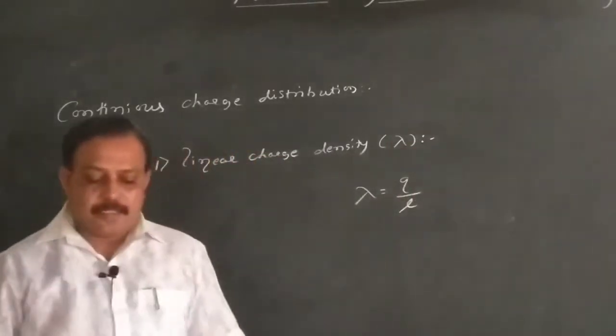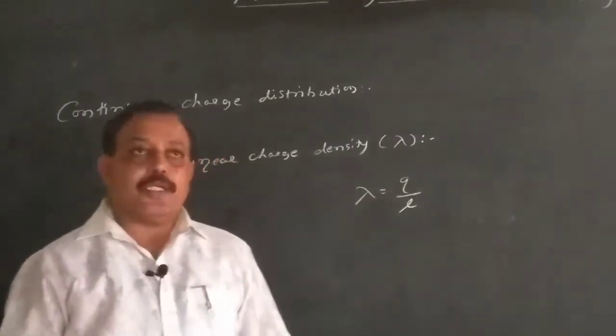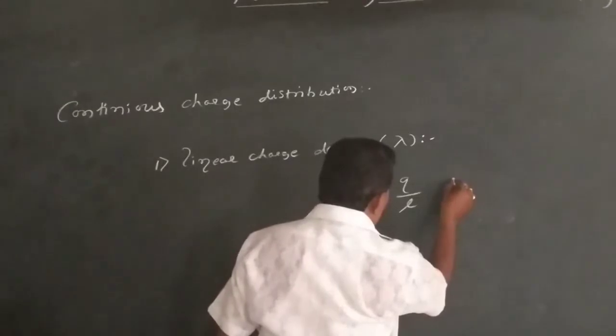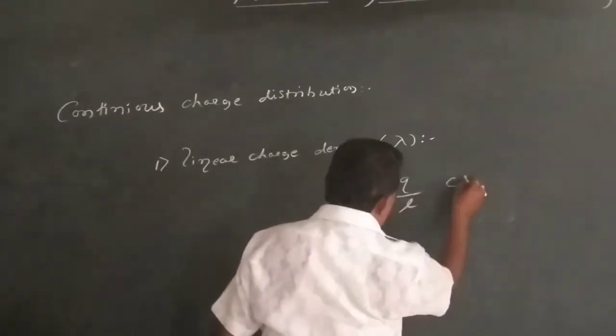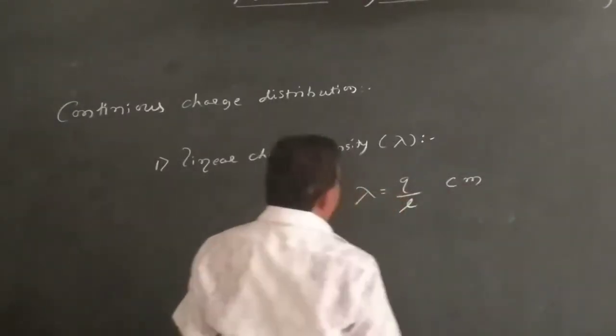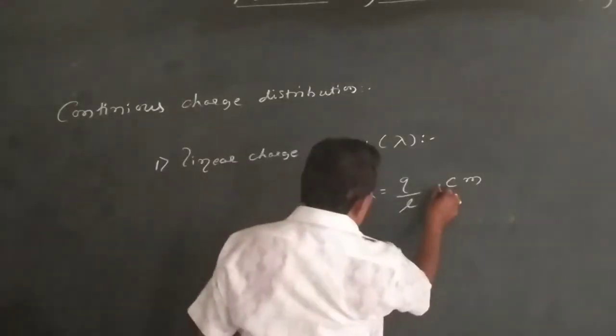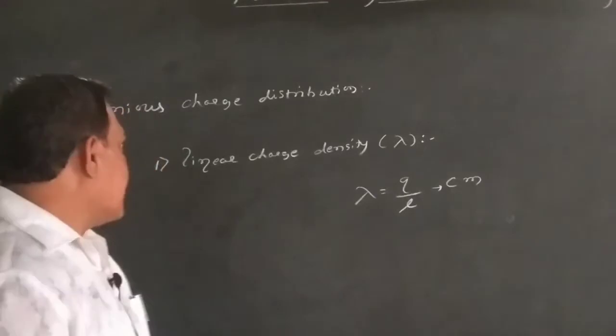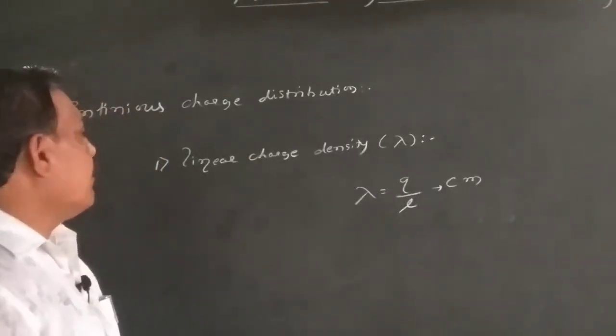What is its SI unit? Charge is measured in coulomb and length is measured in meter. So the SI unit of linear charge density is coulomb per meter.